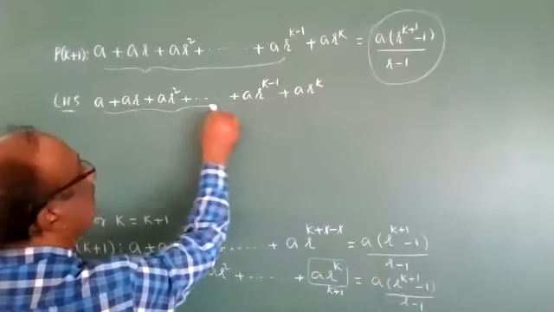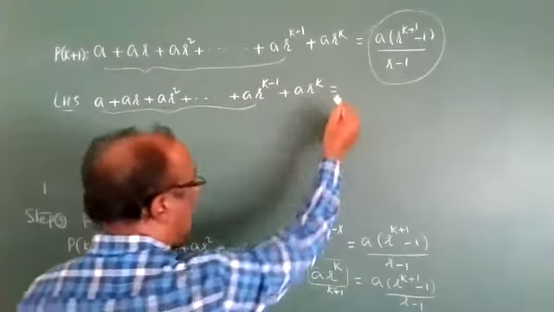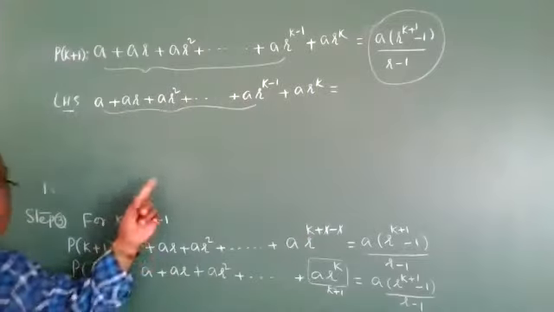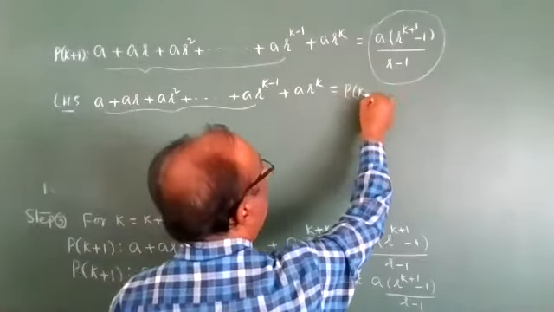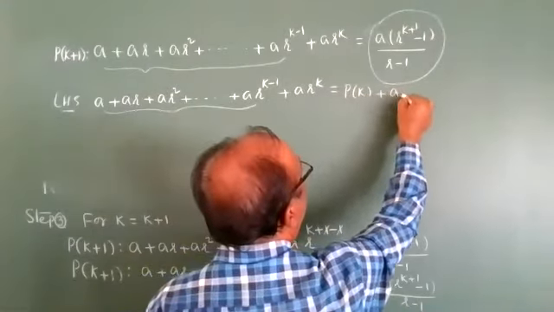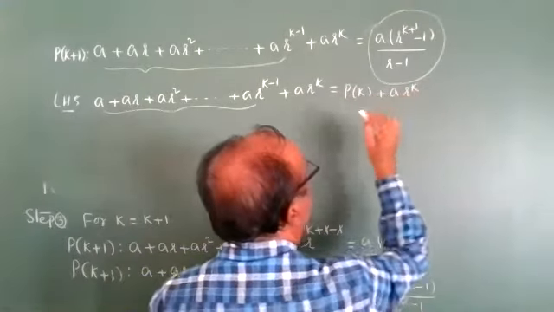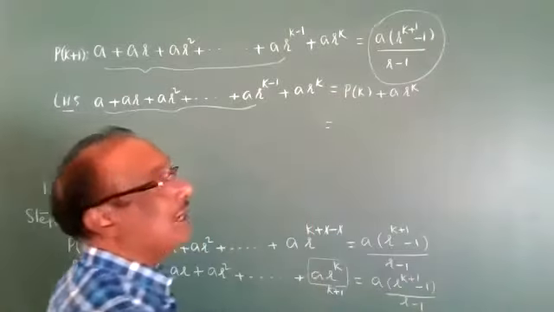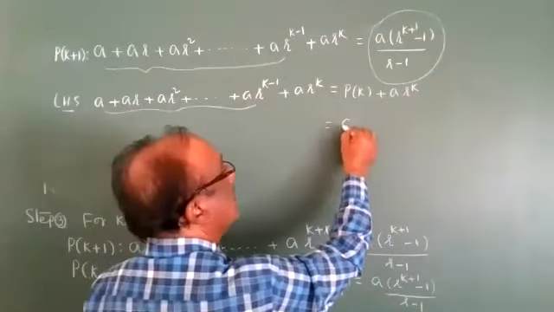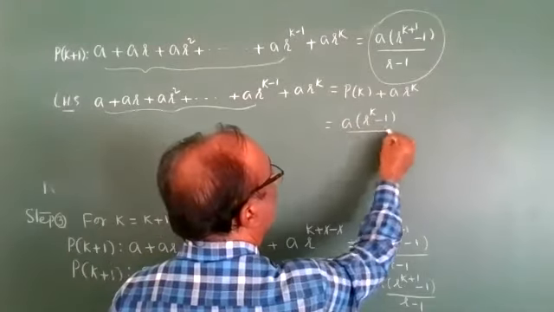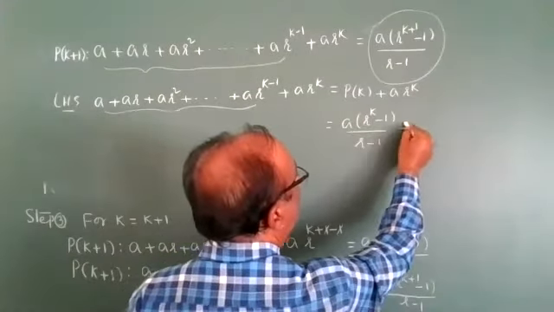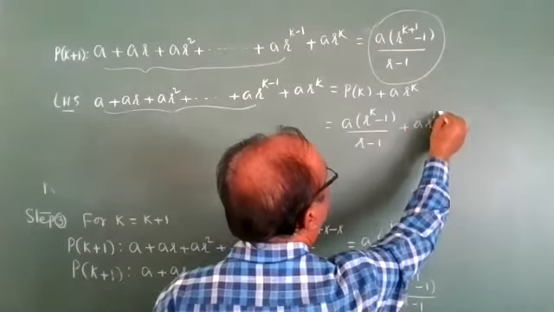Up to this part is the sum of k numbers. So P of k, the sum of k numbers, plus ar power of k. Its value is a into r power of k minus 1 by r minus 1 plus ar power of k.